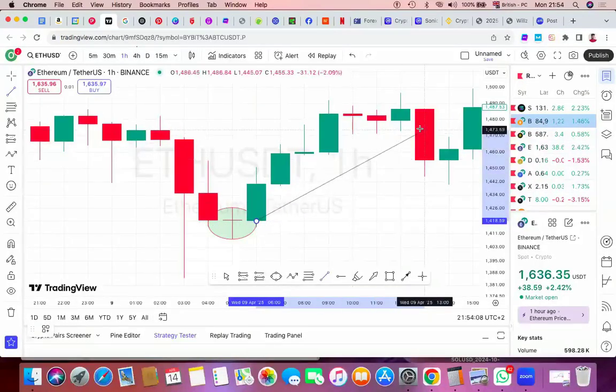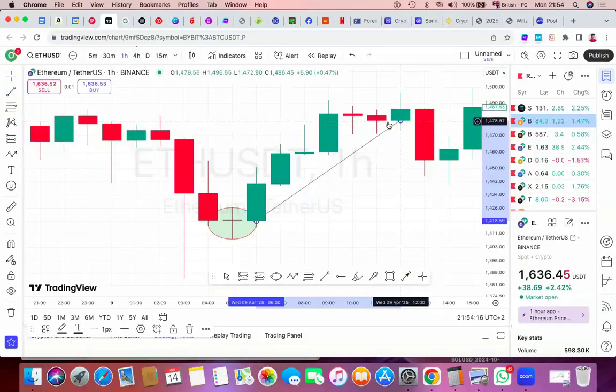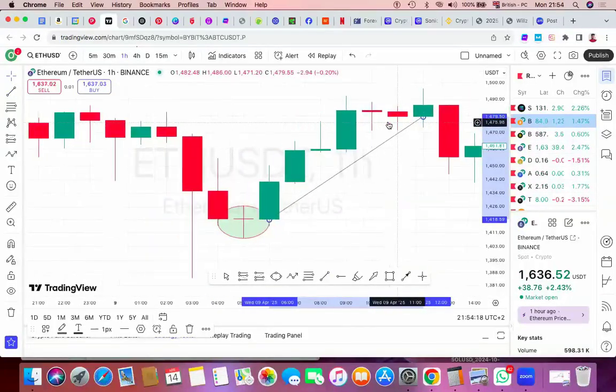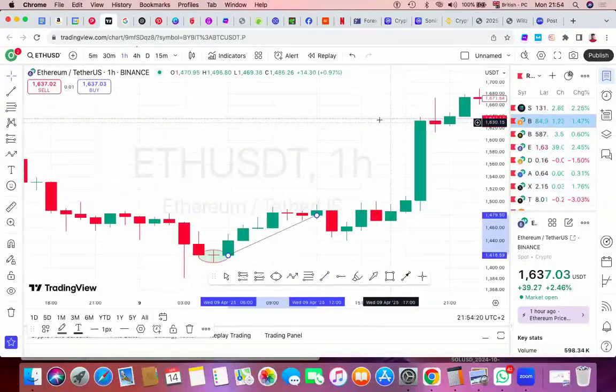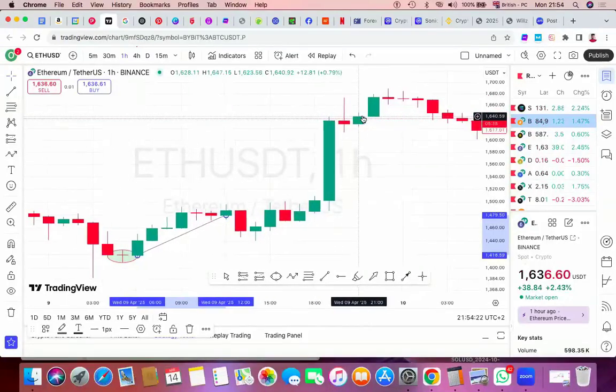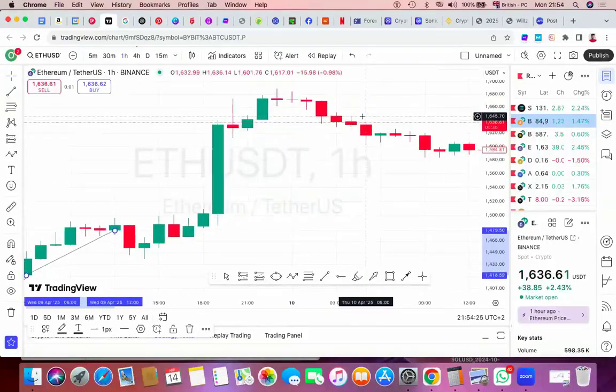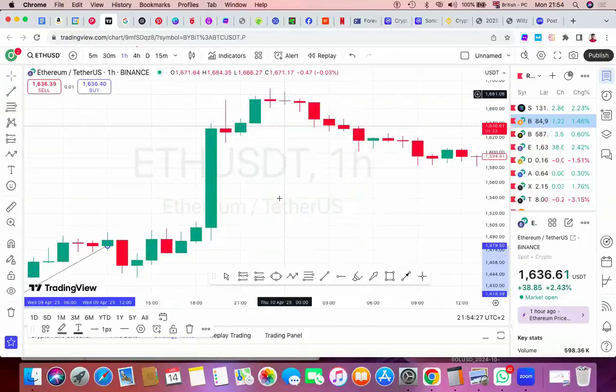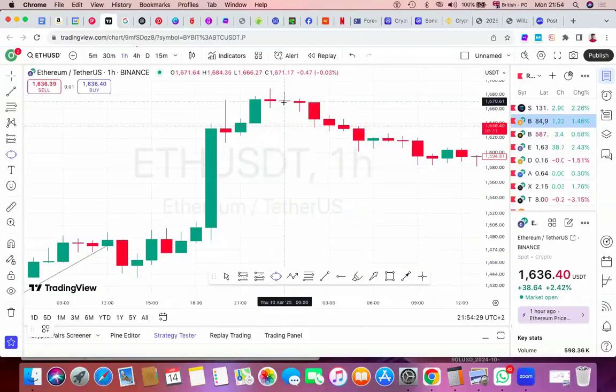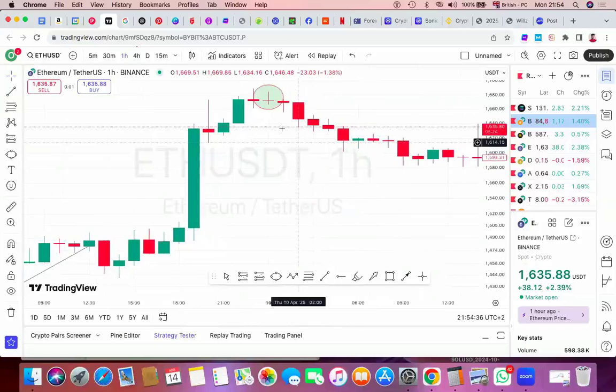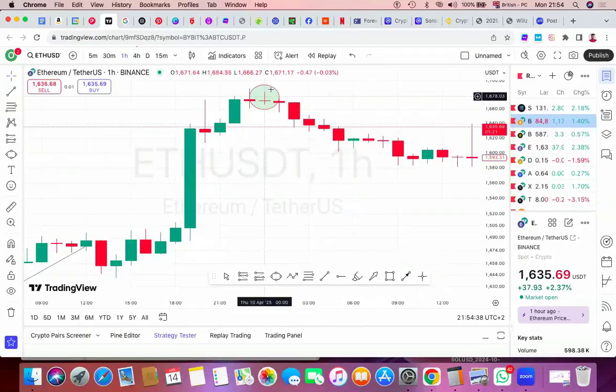Whenever you see a doji after a downtrend, the next move is an uptrend, and if you see it in an uptrend, it identifies a downtrend. So this is another doji up here also, and after it occurs, the next thing you see is a downtrend.